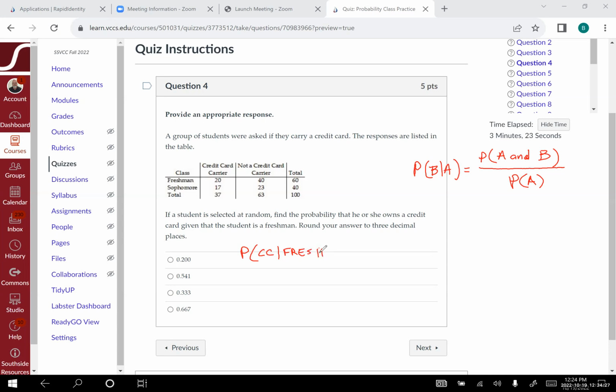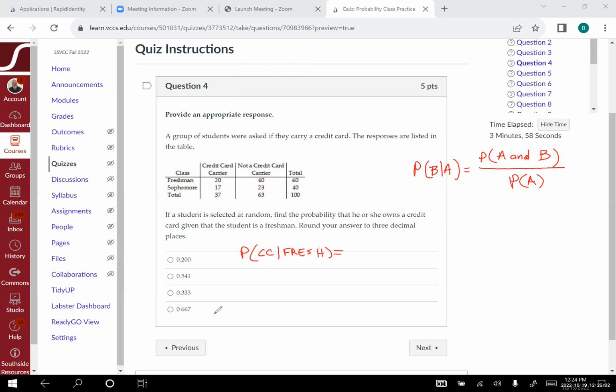Don't jump to an answer and look for a number that's under both the freshman and credit card column. It's not that simple. We're asking the probability the student has a credit card given some prior knowledge, and the prior knowledge is that the student is a freshman. So you can't just jump to here and say, oh, there it is. Don't fall into the trap I did.